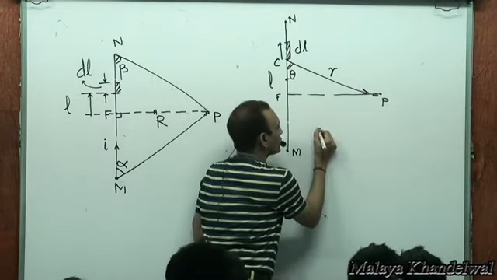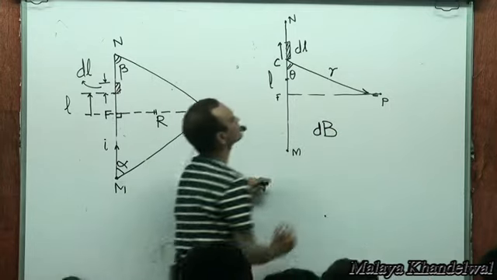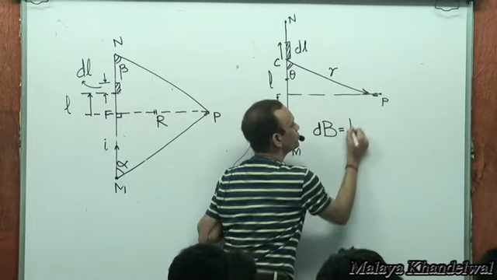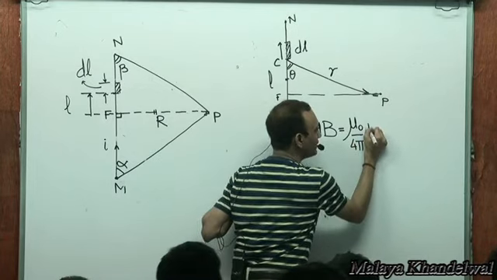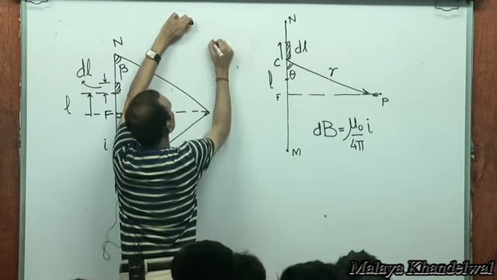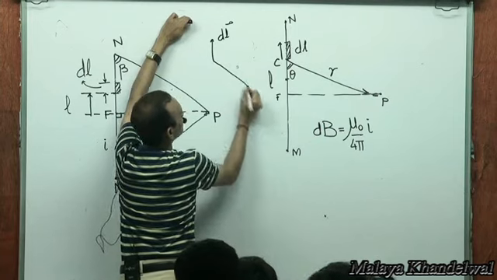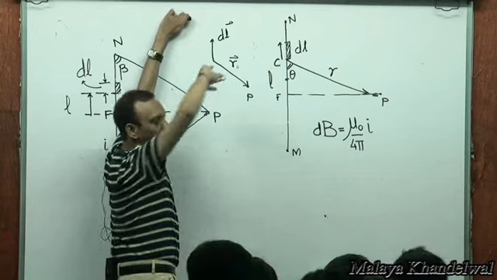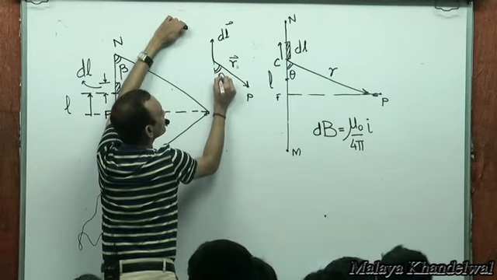The magnitude of dB produced at P because of this dl is going to be mu naught by 4 pi I. The current carried by this dl is I. And then dl is like this, right? This is the point P. This is the vector R. So dl cross R would be into the plane of the board, right? And this is theta.